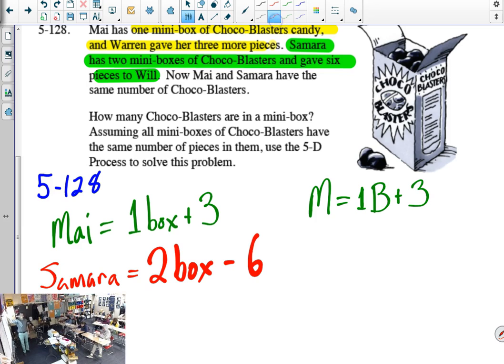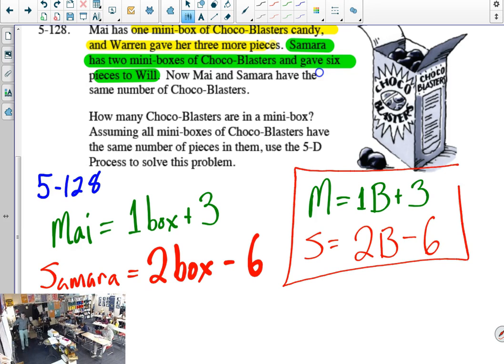And S, if we say that Samara is going to be represented with S, is 2B minus 6. Please make sure you have this in your notes. We've set up an expression for Mai and Samara with how many cookies they have. A box and 3, or 2 boxes take away 6.